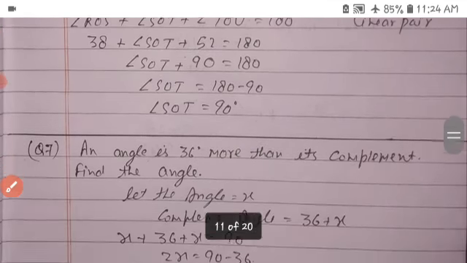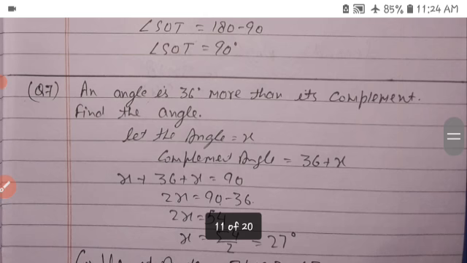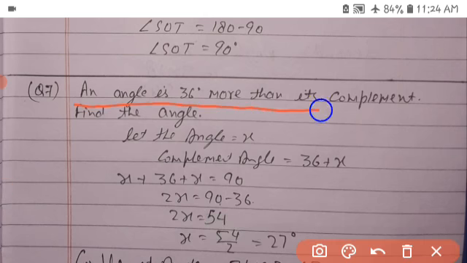Okay, children. Now question number 7. An angle is 36 degrees more than its complement. Find the angle. Let the angle be x, and its complement be 36 plus x. Now x plus 36 plus x is equal to 90. 2x is equal to 90 minus 36.